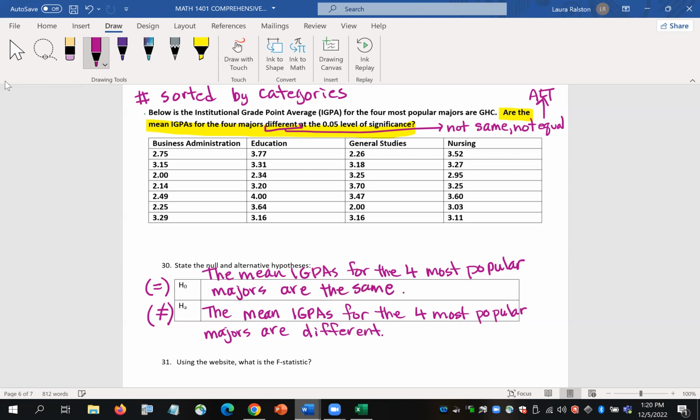You could say are not different, but somehow or another you have to imply that they're equal, because the null hypothesis always and forever must contain equal.